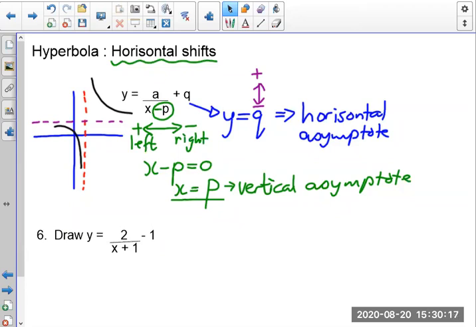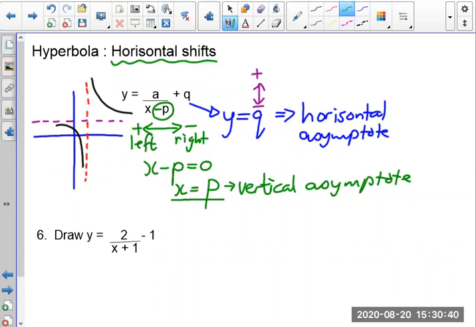And because I have a new vertical asymptote, I can have a new y-intercept as well. I have an x-intercept and I have a y-intercept.